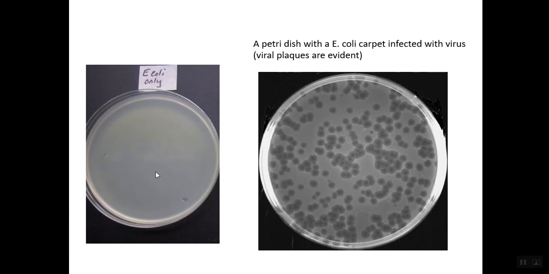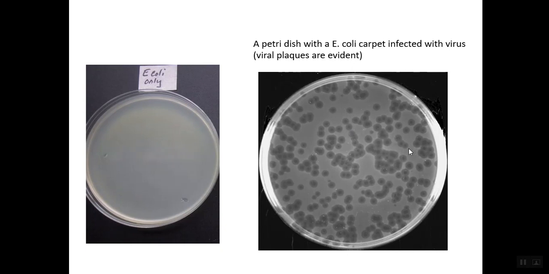Now, when you infect this plate with viruses and the viruses determine the lysis, the disruption of many cells, you end up with a Petri dish or plate that looks like this, where you see all these areas where there are no more bacteria. Why? Because they've been destroyed, they've been lysed by the replicative activity of the virus.